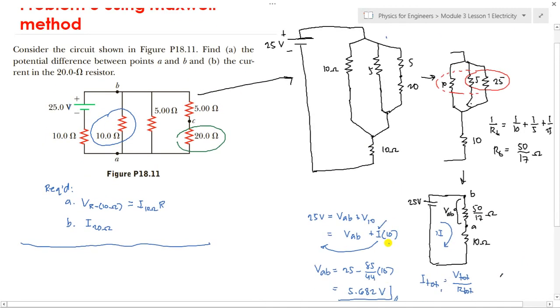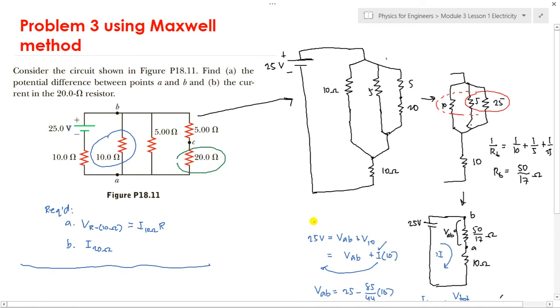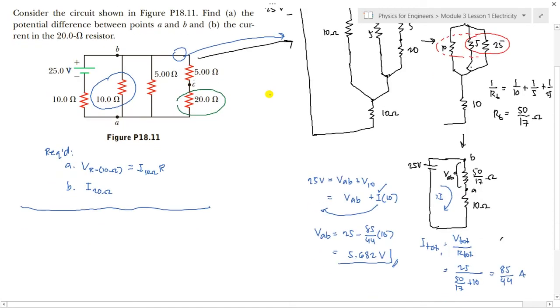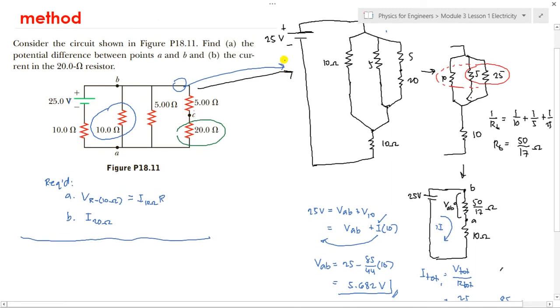Okay. It is a bit small, but if you know how to transform this circuit into this one, you can directly solve by transforming the circuit into an equivalent resistor.